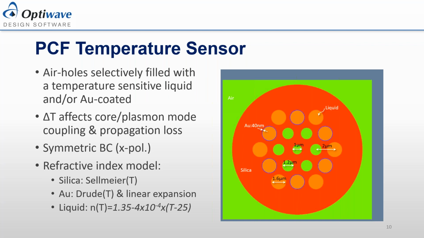Specifically, it's going to change the dispersion of the plasmonic modes between the fluid and the gold, and between the silica and the gold. Those changes will impact how those modes couple to the core mode of the fiber. And those changes in the propagation loss resulting from the coupling can then be monitored, and you have a temperature-based sensor.